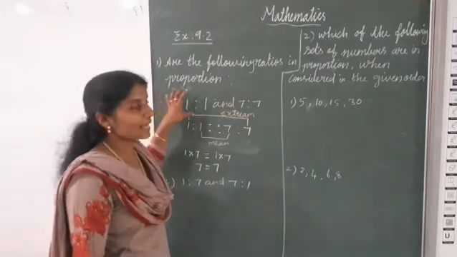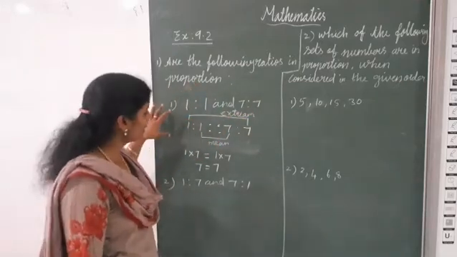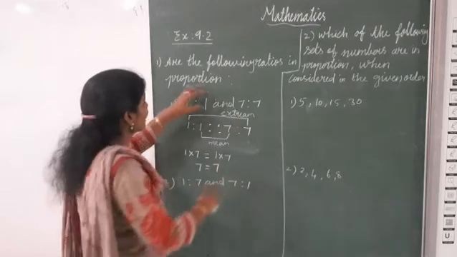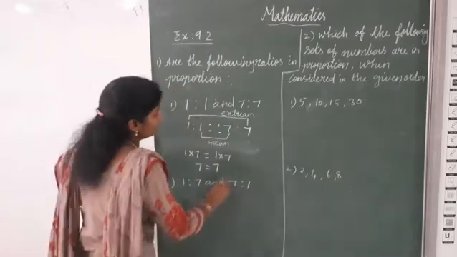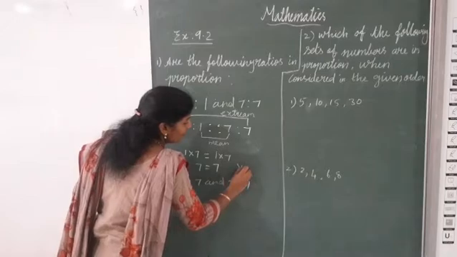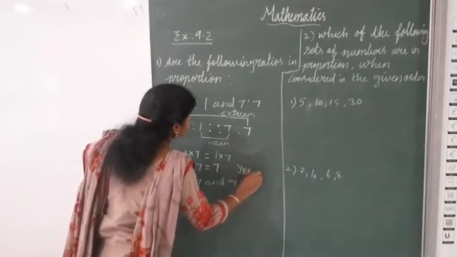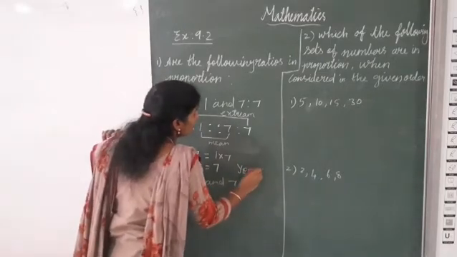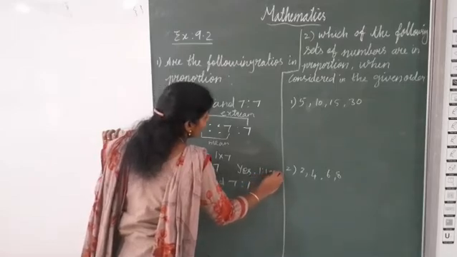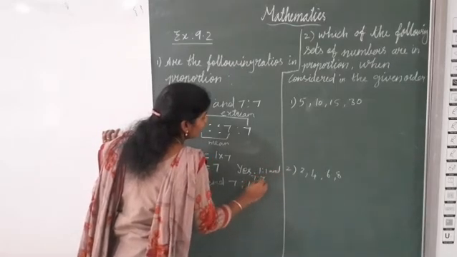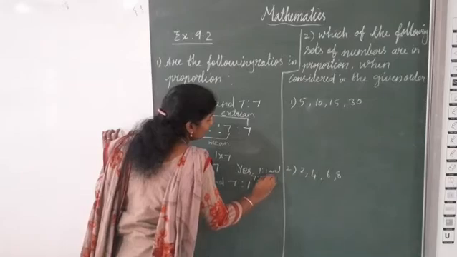Are the following ratios in proportion? Yes, 1 is to 1 and 7 is to 7 are in proportion.